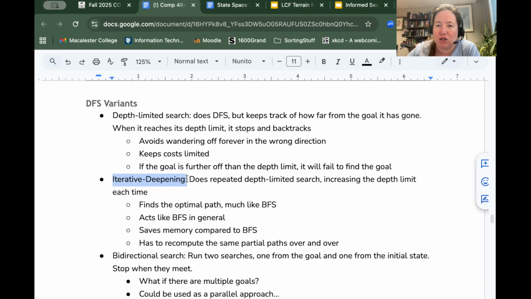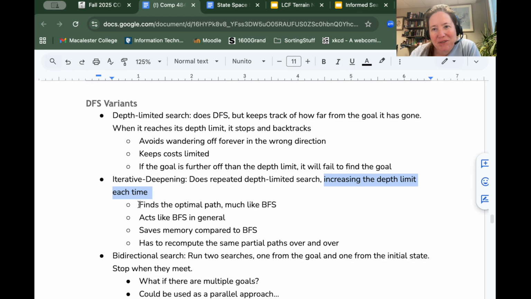Maybe it goes to 2X or something like that. So it does repeated depth limited search, and it increases the depth limit by some fixed amount. There are variations on this algorithm that change how much you increase the depth limit. So it really does vary depending on the problem.